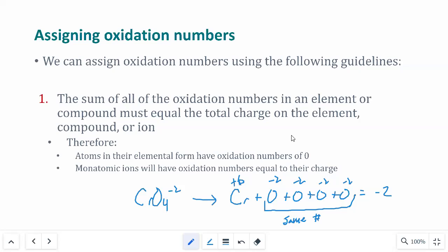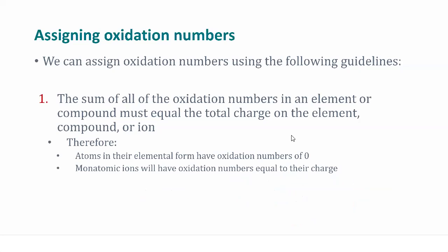So chloride being a halogen, -1 charge is expected. That's its oxidation state as well. So if I have elements by themselves, their oxidation state is 0. If I have single atom ions by themselves, the charge on that ion is its oxidation state. So that's the first guideline.